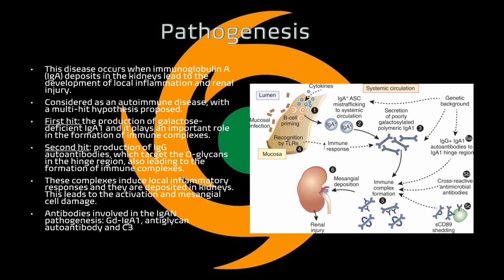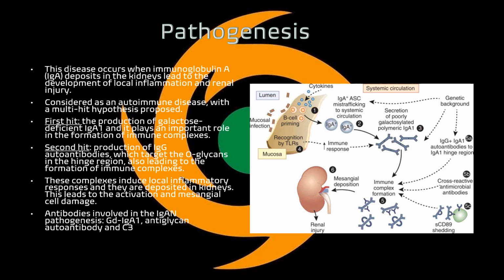The second hit is the production of immunoglobulin G autoantibodies which target the O glycans in the hinge region, also leading to the formation of immune complexes. These complexes induce local inflammation, and this ultimately leads to activation and mesangial cell damage.